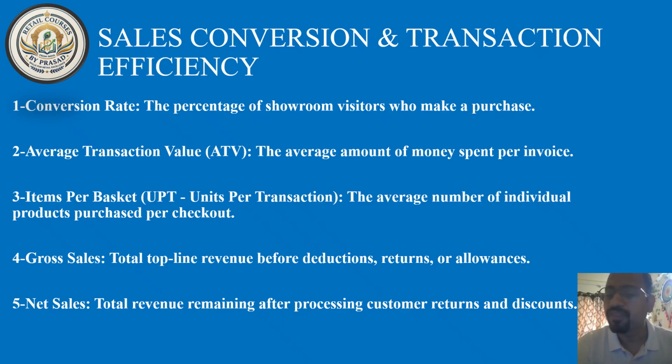A nose pin is not very expensive, I think. Hardly it's available for 20,000 or 30,000 rupees. Then your ATV will go down. Your average value per transaction will go down, correct? It will not be high for that transaction. Just because of adding 20,000 rupees, one more unit in that bill, your ATV went down, correct?